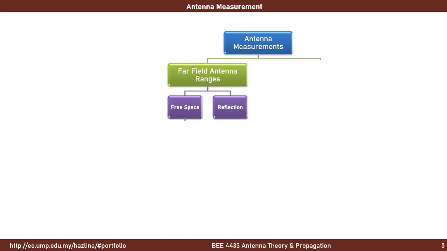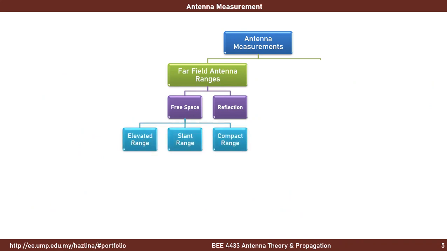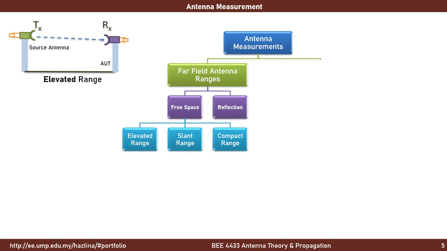In the free space range, the reflections from the ground are minimized. There are three types of free space range: elevated range, slant range, and compact range. Elevated ranges are usually designed to operate mostly over smooth terrain. The antennas are mounted on towers and on roofs of adjacent buildings.